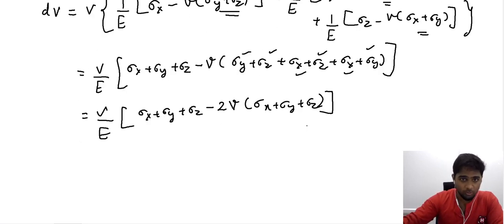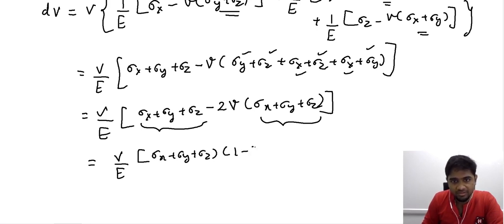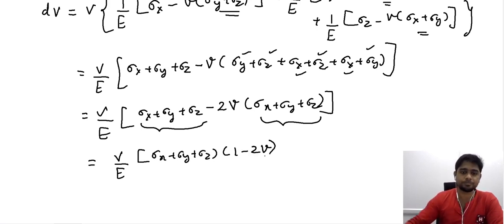Now we can also further simplify this expression, because these three summations of the triaxial stress we impose are the same. So therefore we can express this as nu by E, sigma x plus sigma y plus sigma z, and 1 minus 2 nu.